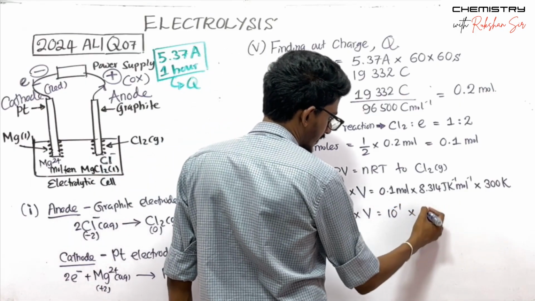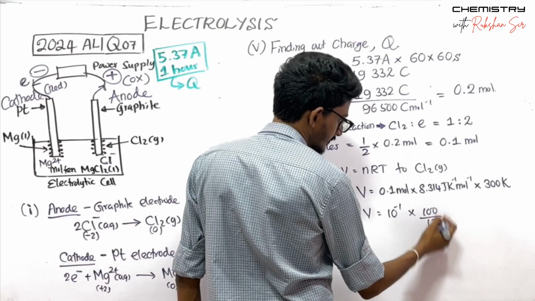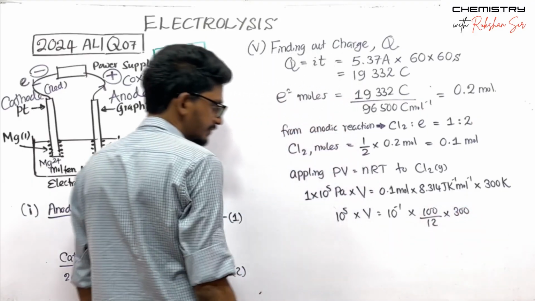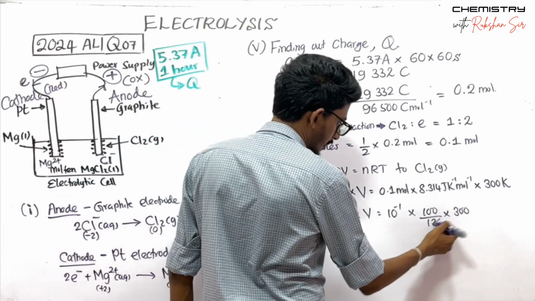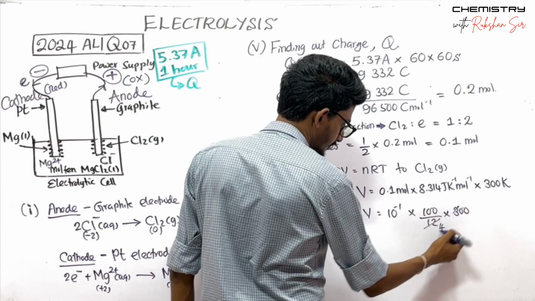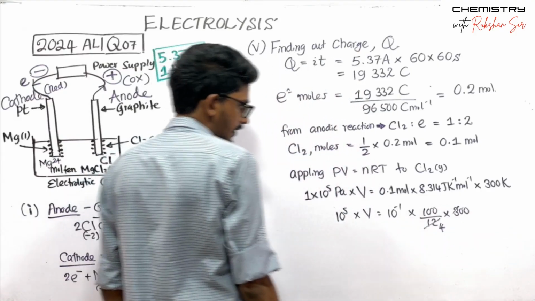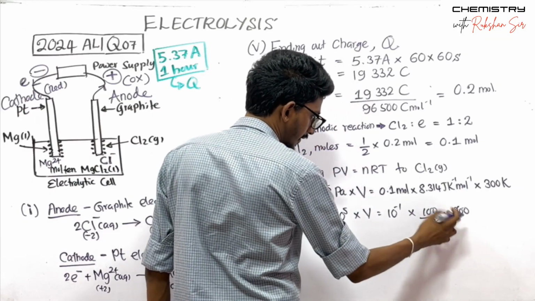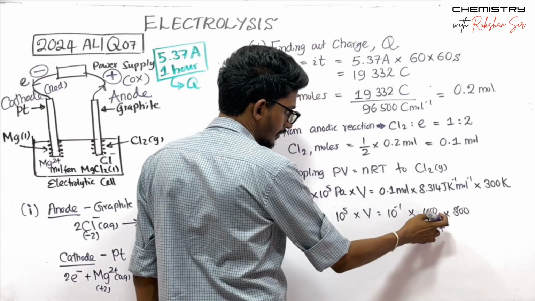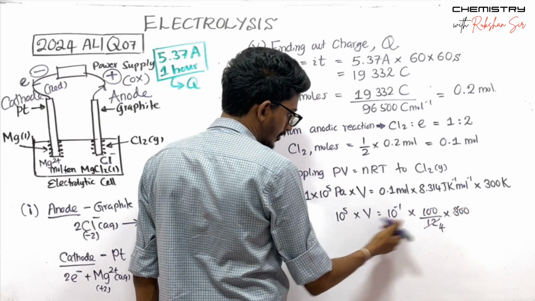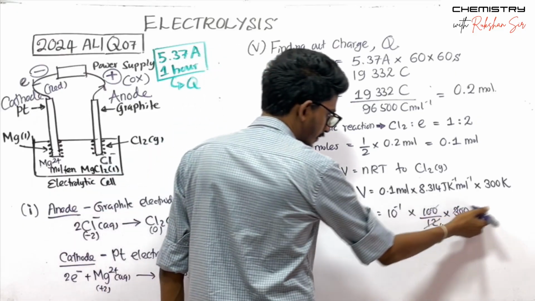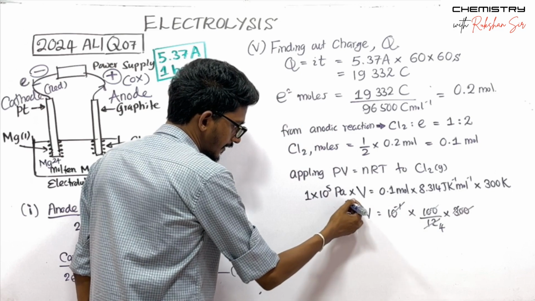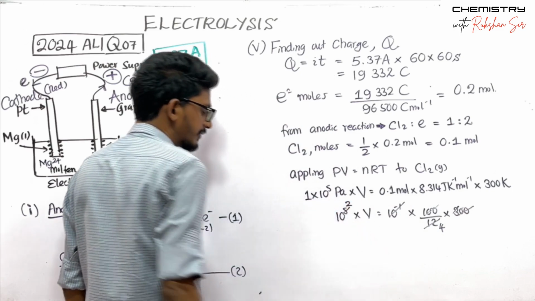This thing can be taken as 100 over 12, this 300. So this becomes 4. So you have 10 to the power minus 1, 10 to the power 3 here, 10 to the power 4, and minus 1 is 10 to the power 3. So those things will cancel off with this, as 10 to the power 2 remains in there.